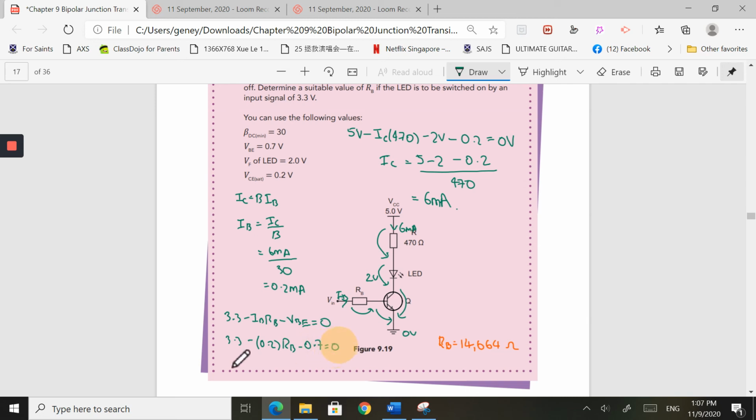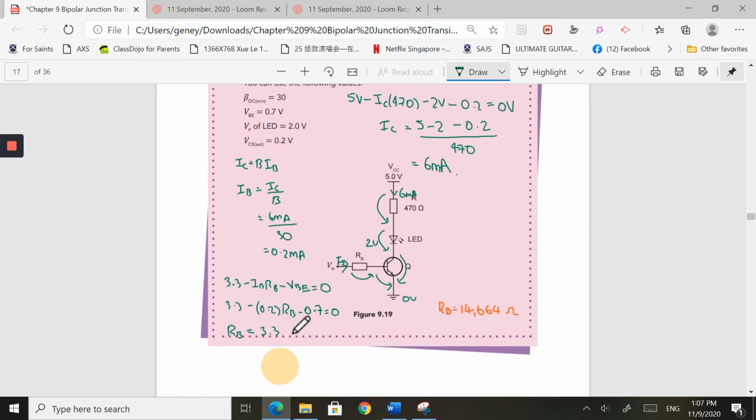If I rearrange my equation to make RB the subject, I'll have 3.3 minus 0.7 divided by 0.2 milliamps, and I will end up with an RB value of 14,664 ohms.